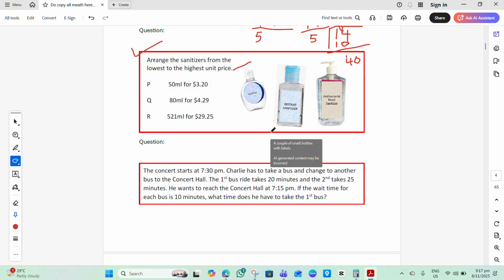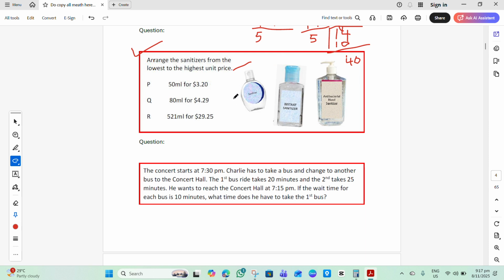They said 50 ml for $3.20. The other one is 80 ml for $4.29, and 521 ml for $29.25. So the question is which is the lowest price. So we need to make a sequence from lowest price to highest price. Yes, correct. So let's say we calculate one by one.